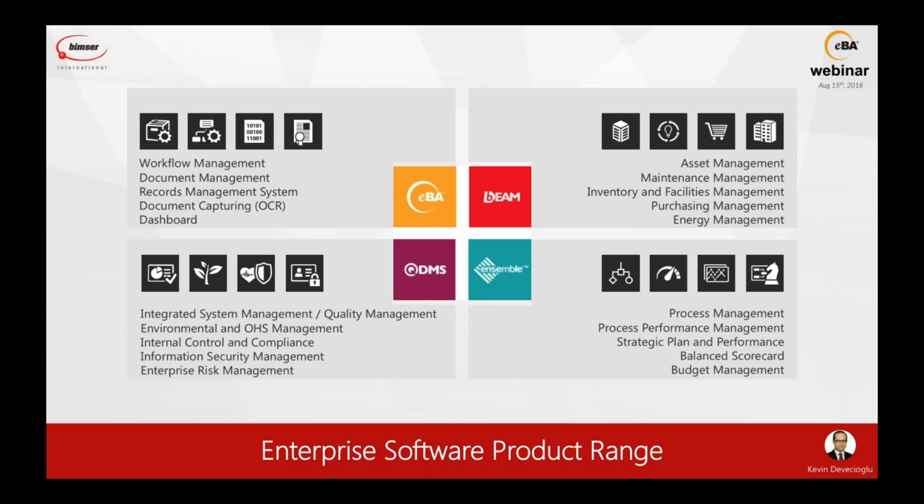It helps companies manage their maintenance operations, work orders, spare part inventory management, and it also has purchasing management capabilities. Ensemble is a BPM tool. It helps companies manage their strategies, performance management processes, and also has balanced scorecard capabilities.